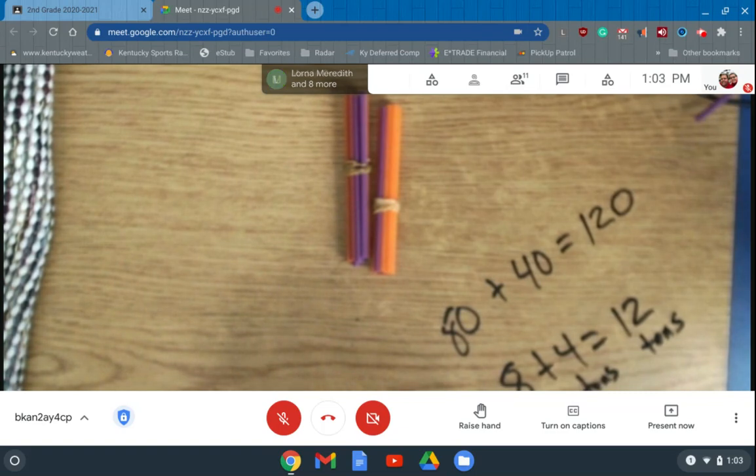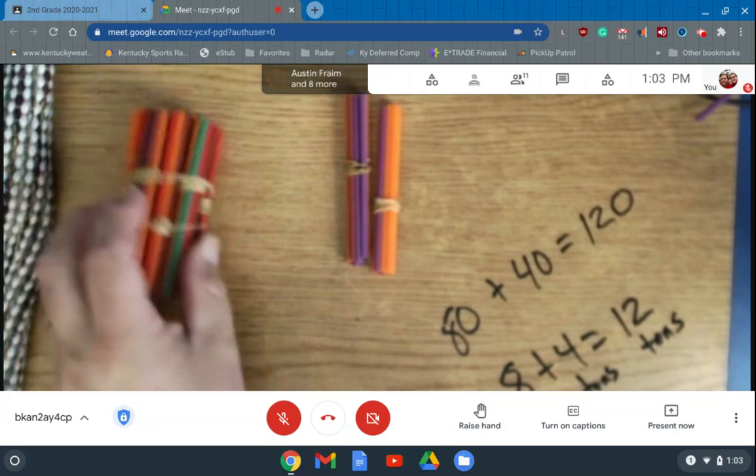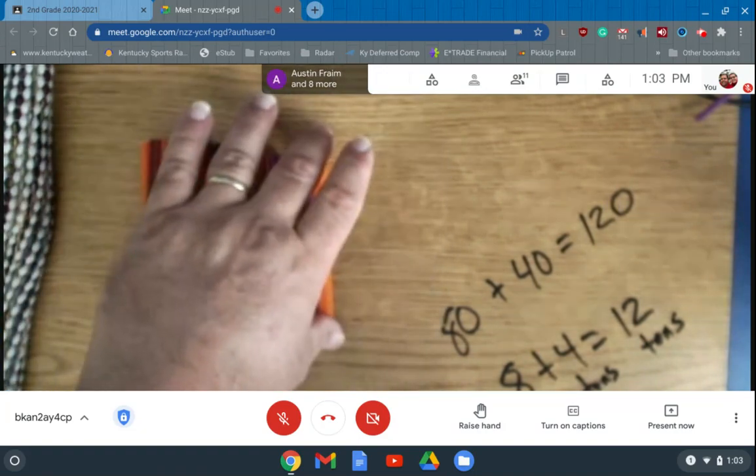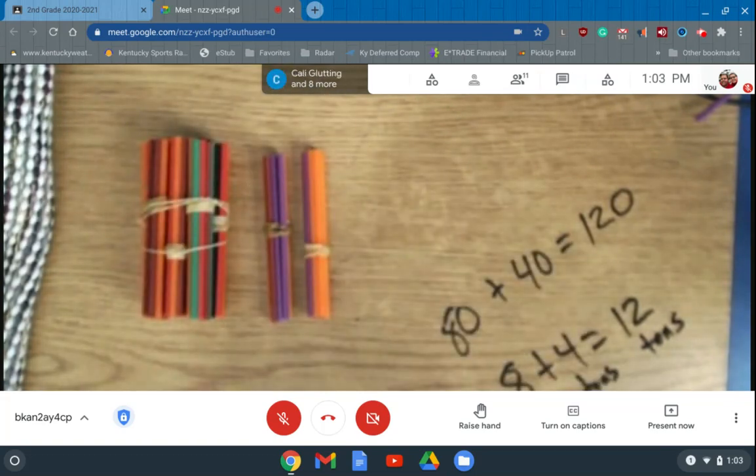You have to force your brain to do something harder. Now, it really wasn't harder, but I had to force my brain to do it. So, my brain doesn't want to use what it already knows. It always wants to do the easy. You got to force yourself to do something a little bit harder.